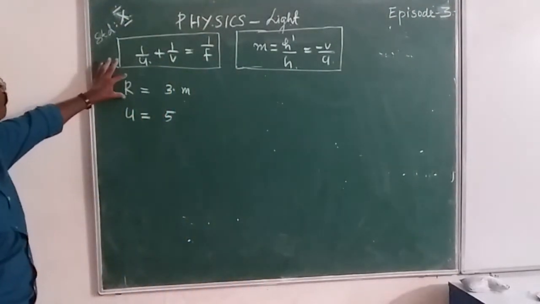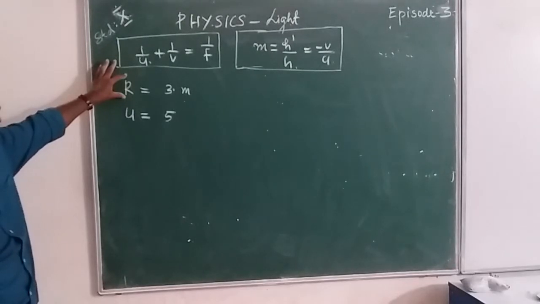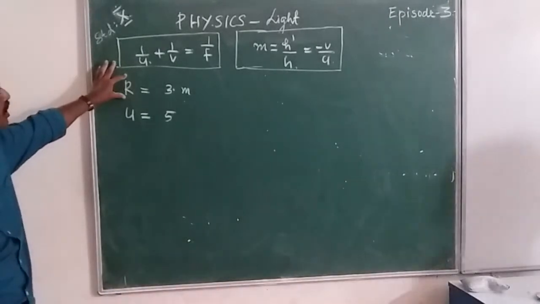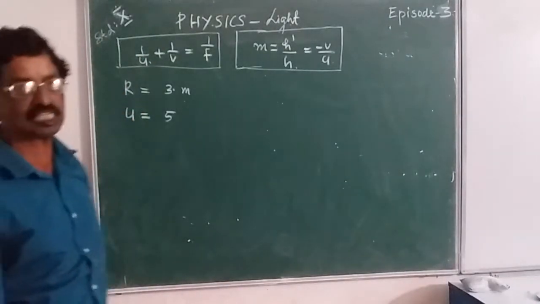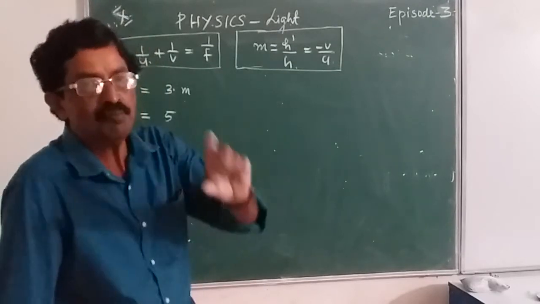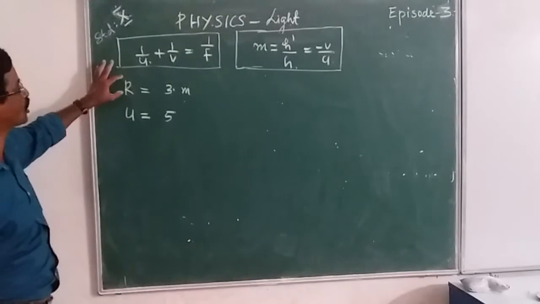First, given the radius of curvature of the convex mirror, R is equal to 3 meter. Is it plus or minus? At first we are going to apply the sign convention.